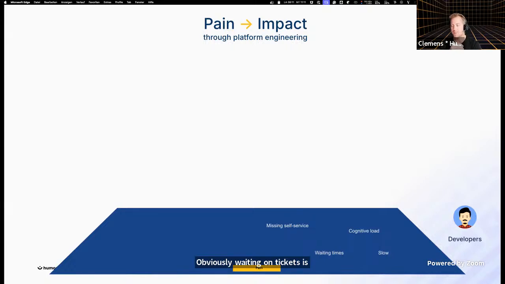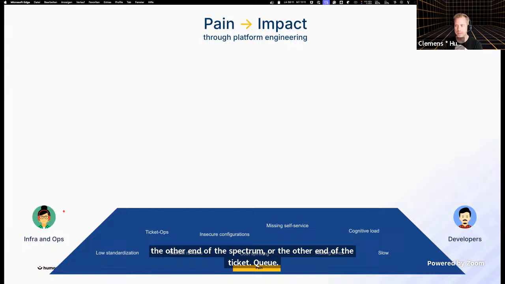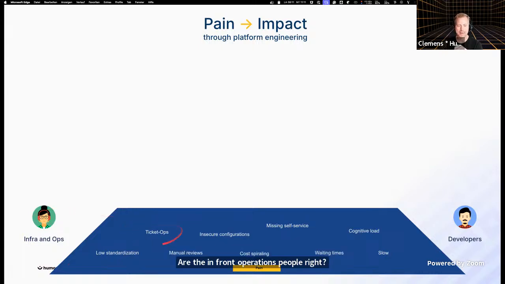But that is just the developer side. At the other end of the spectrum or at the other end of the ticket queue are the infra and operations people, right? And they are suffocating in the tickets that come in. Obviously, developers most of the time are quite knowledgeable, but not that knowledgeable in infrastructure configuration.